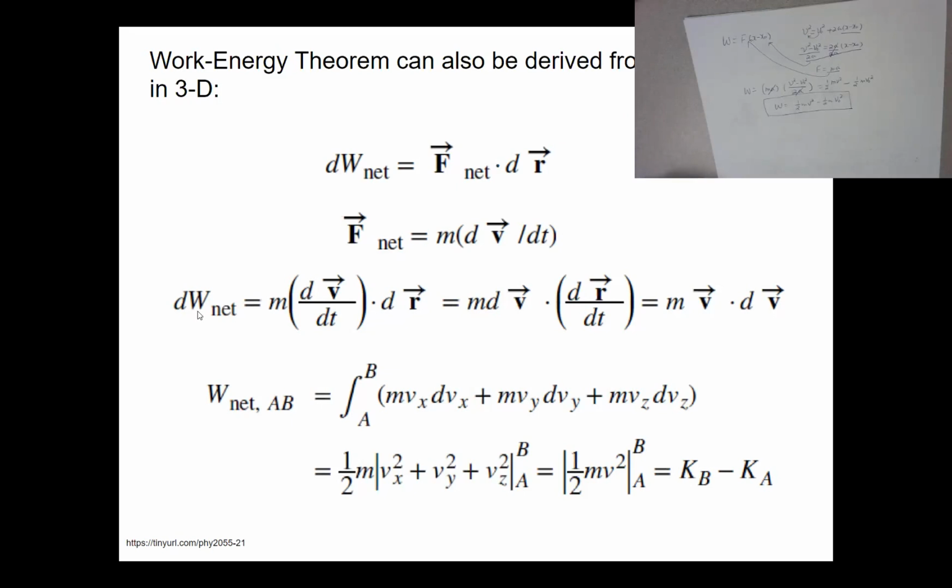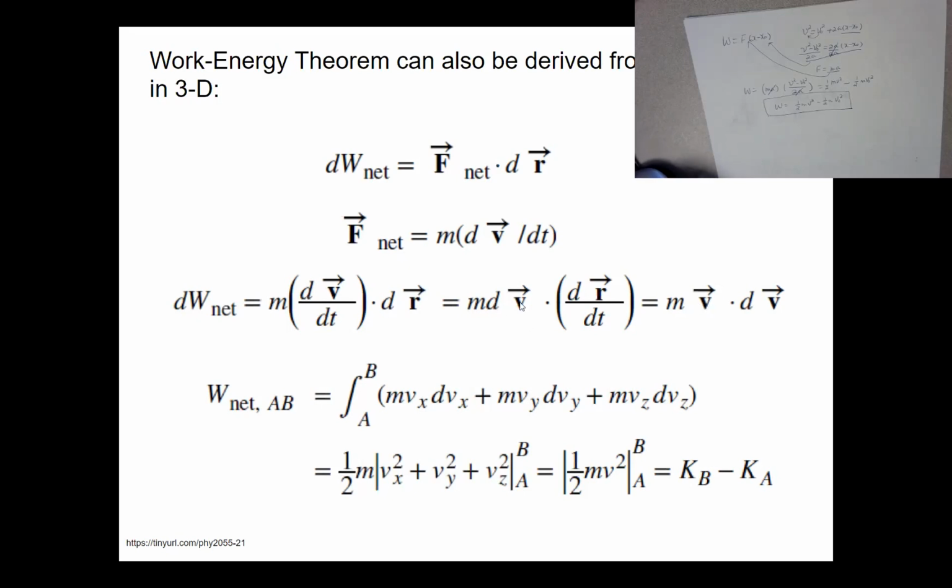So the differential form of the work equals mass times dv over dt times dr. Okay. Now you can pair dr over dt instead of dv over dt, right? So then dr over dt will be v, all right?